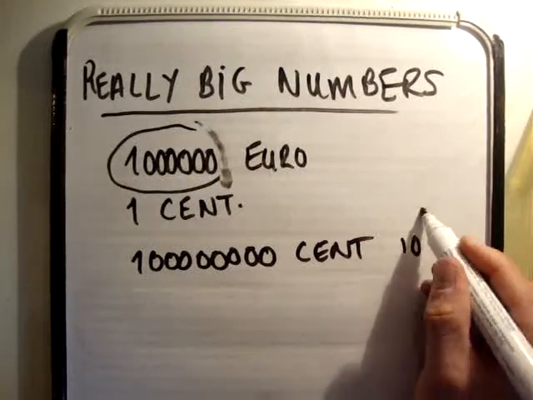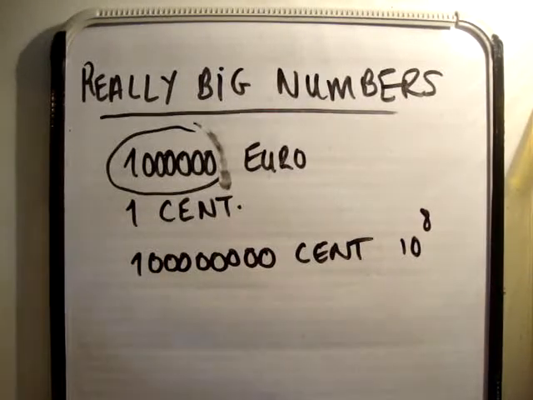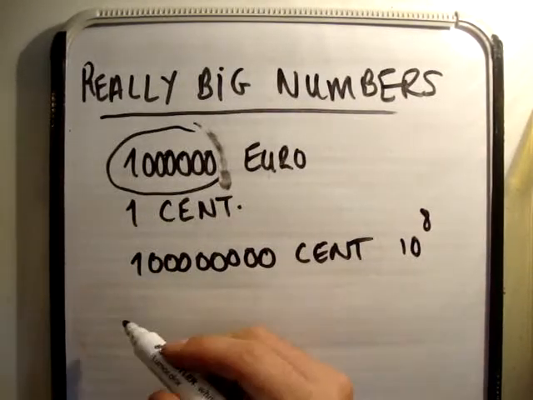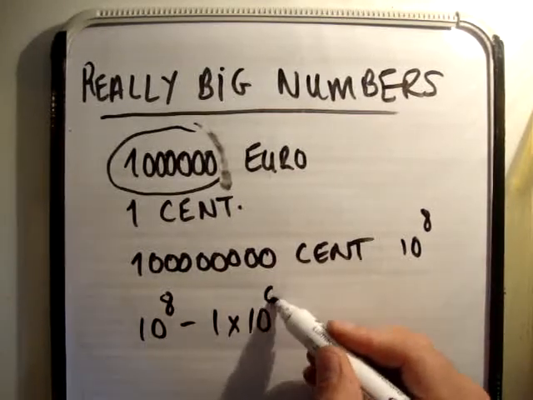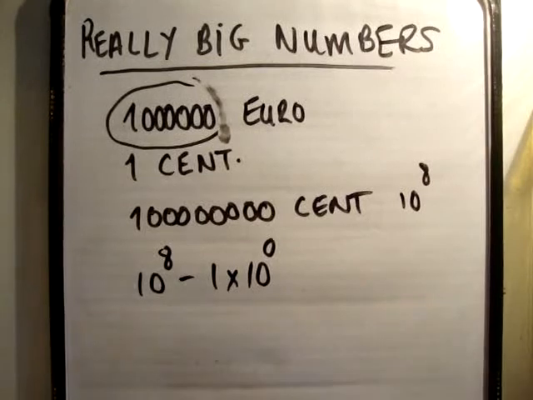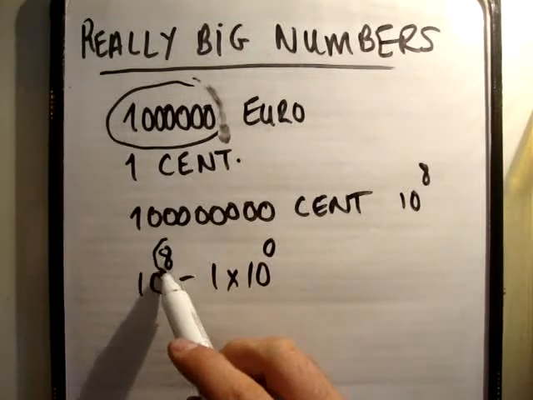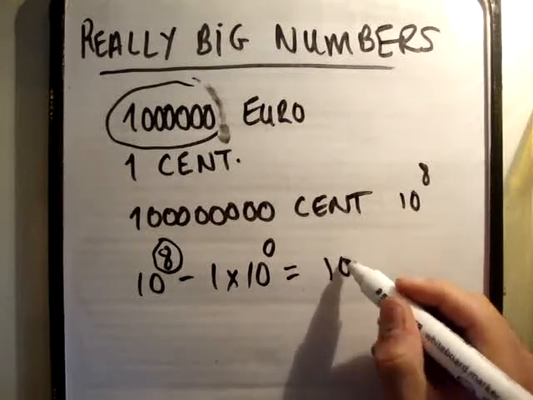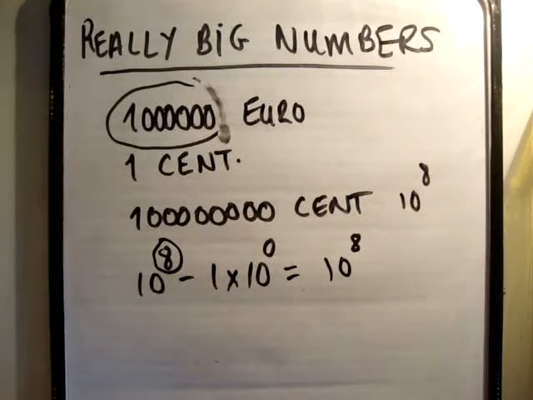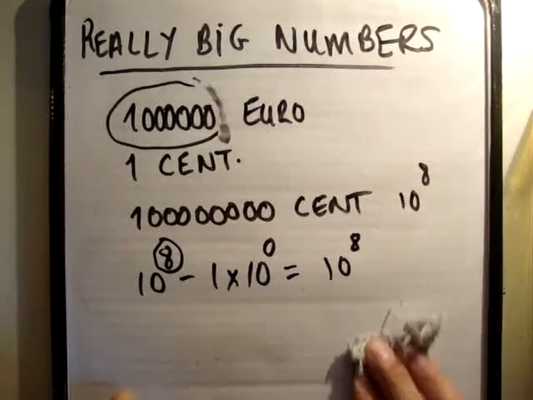So you have 10 to the 8 cent, and I want to take away 1 times 10 to the 0. So you're taking 10 to the 8 minus 1 times 10 to the 0. What number is that? That is 100 million. So you're taking 1 cent from 100 million. So you're going to say you still have 100 million. There is almost no point in starting to put in the nines because the numbers are so big in comparison.